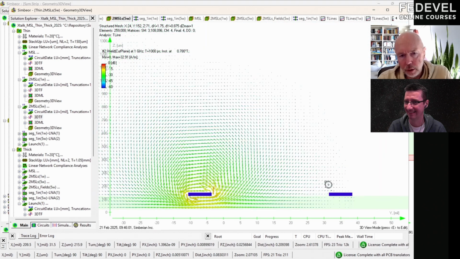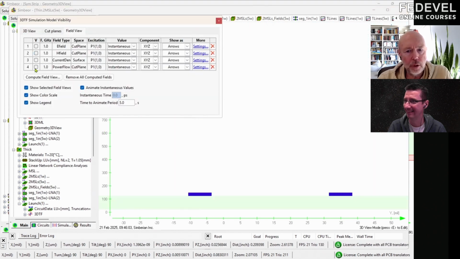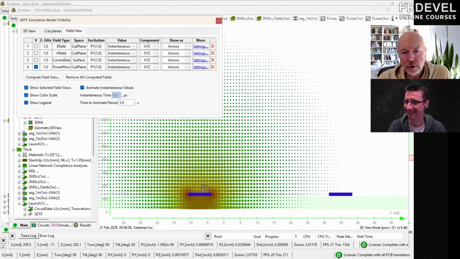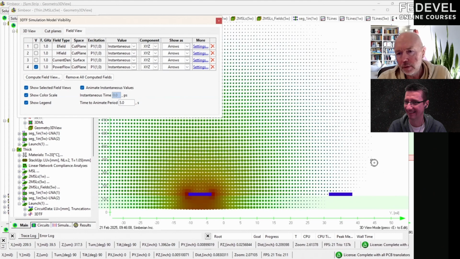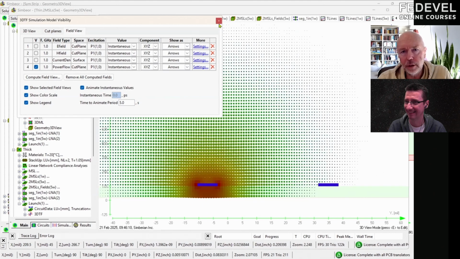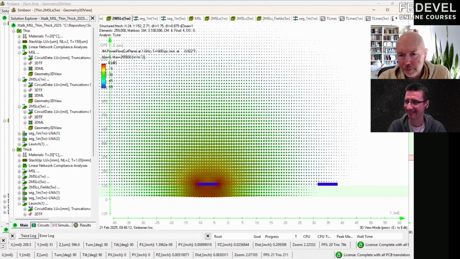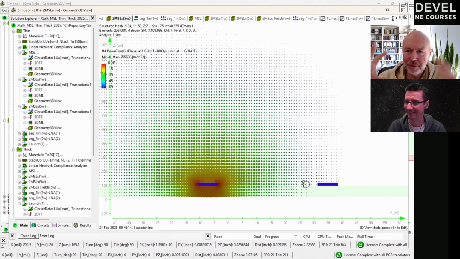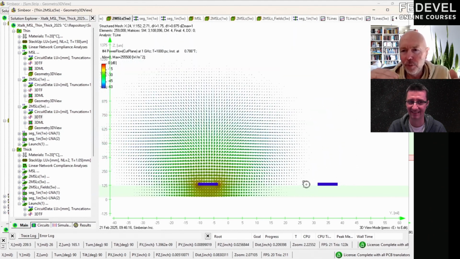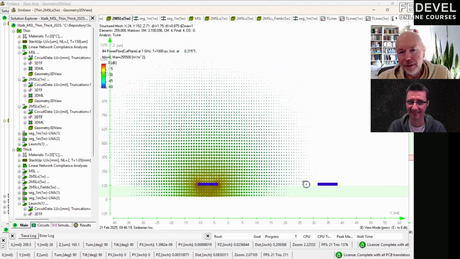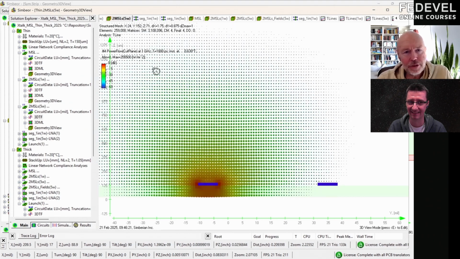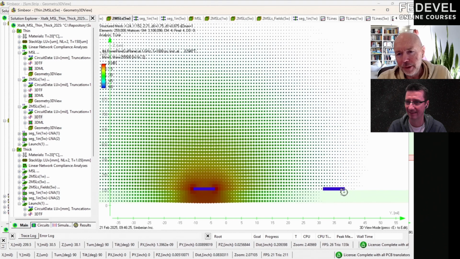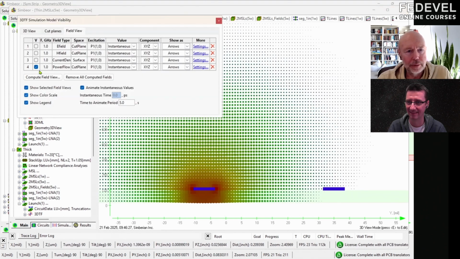And then if you take a look at the power flow density, you can see in the air over here it's still, so a lot of energy is in there. And this is at 1 gigahertz, and that creates the crosstalk.